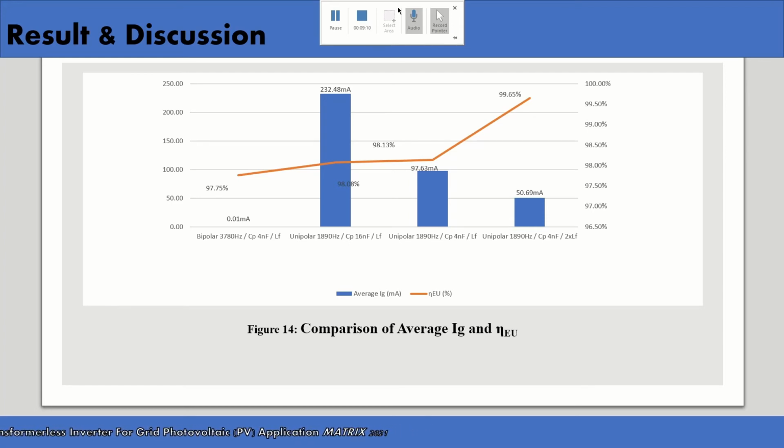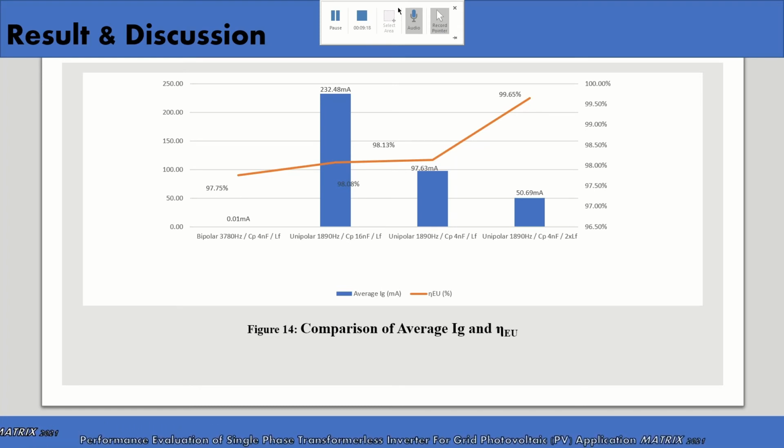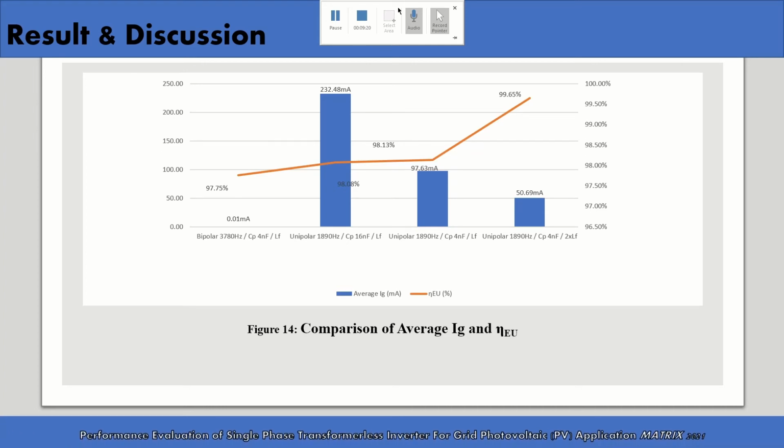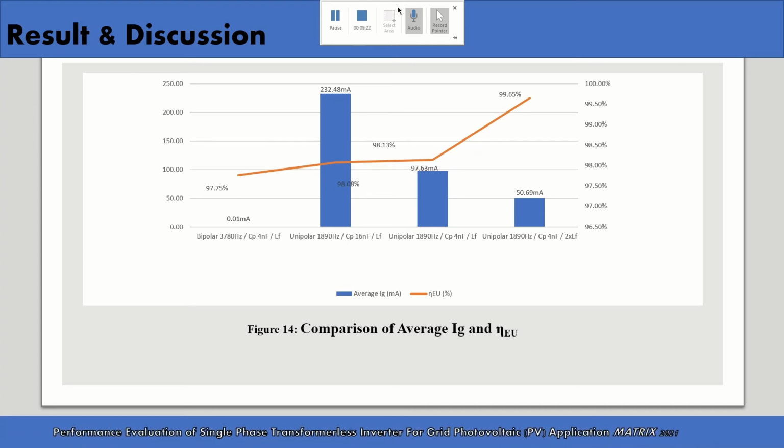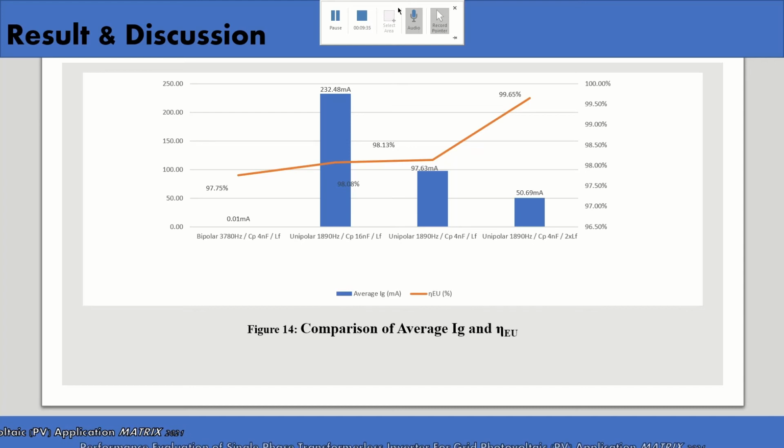For the effects of parasitic capacitance on unipolar PWM, there is a slight increase of efficiency of less than 0.5% when the parasitic capacitance magnitude is reduced to a quarter, despite a significant reduction of leakage current by about half.